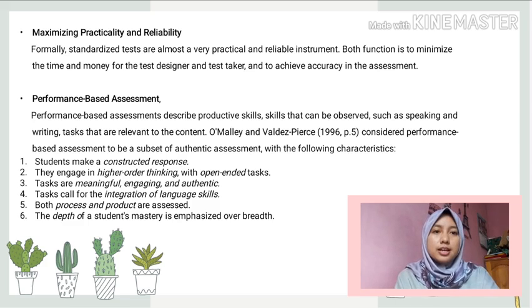Fourth, tests call for the integration of language skills. Fifth, both process and product are assessed. And sixth, the depth of a student's mastery is emphasized over breadth.